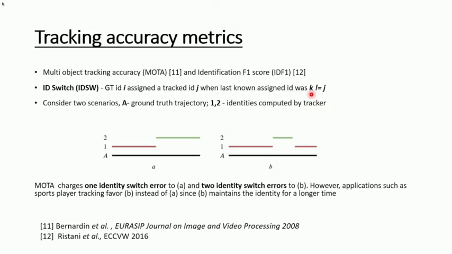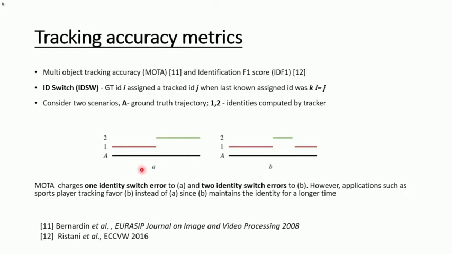So I would like to explain these metrics with the help of this figure and which metric is good or bad. So consider this figure which has 2 subparts, small a and small b. In both these parts, the ground truth identity is capital A, denoted by this black line in both these figures, and the tracked identities are these colored lines 1 and 2.